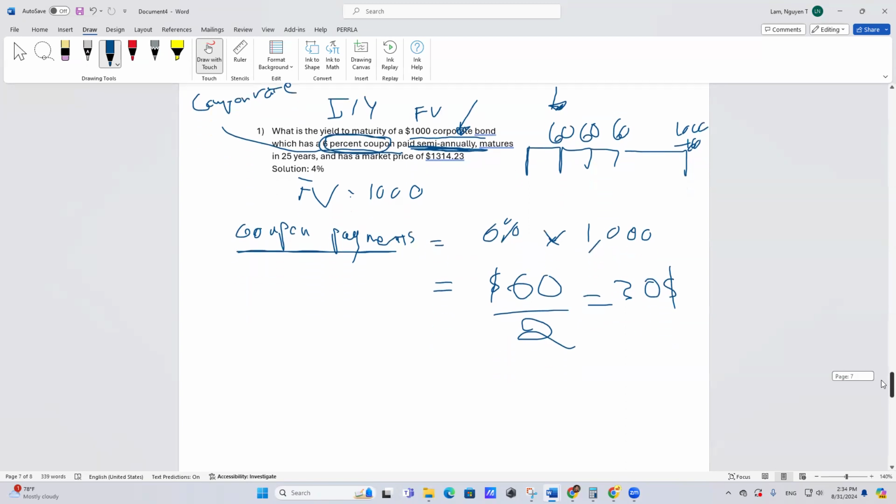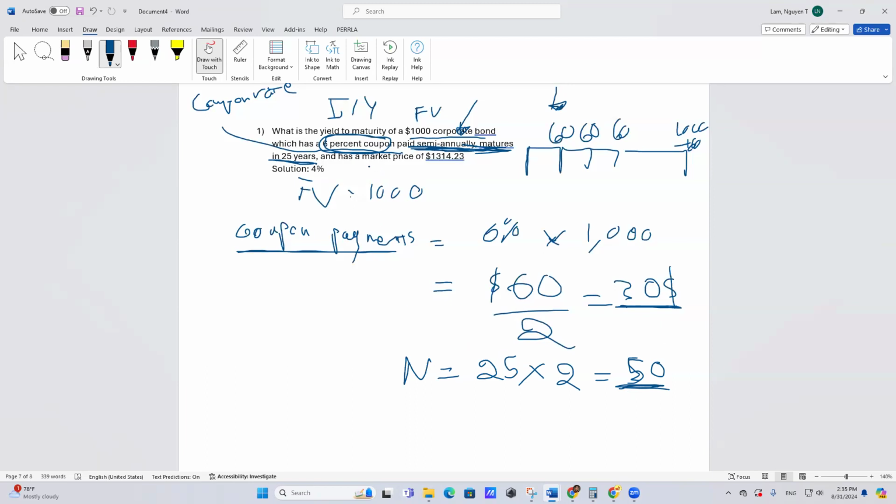Okay, matures in 25 years. Number of periods: 25 years multiplied by 2, right? Because it's 2 times per year, and there are 25 years, so that is 50 periods in total. That is going to pay you $30.